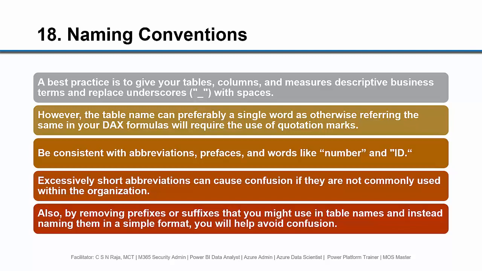Be consistent with abbreviations, prefixes, and words like number and ID. Excessively short abbreviations can cause confusion if they are not commonly used within the organization. Also, by removing prefixes or suffixes that you might use in table names and instead naming them in a simple format, you will help avoid confusion.